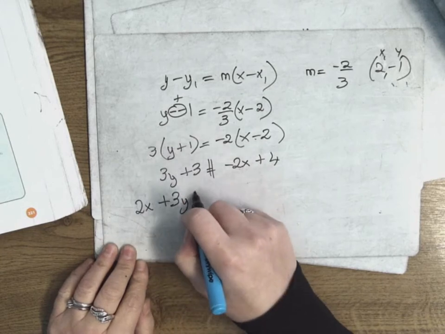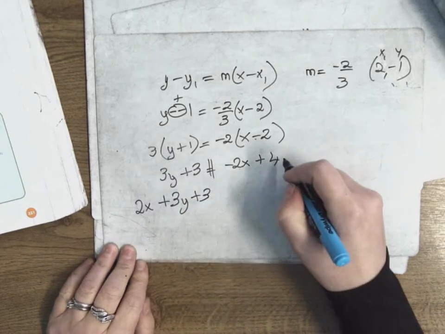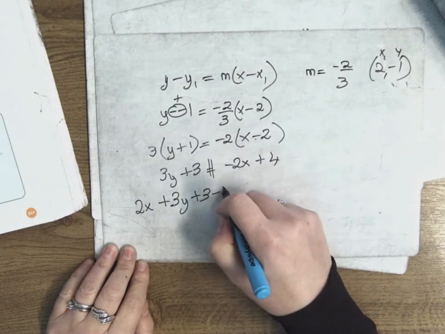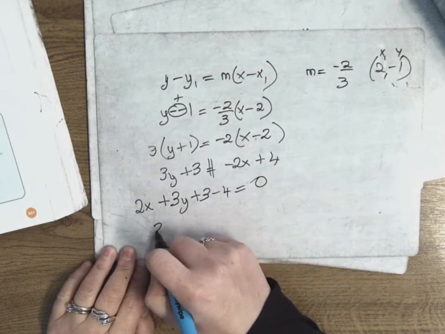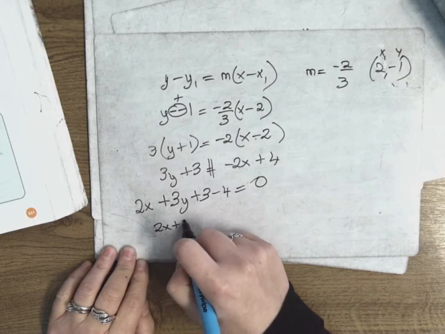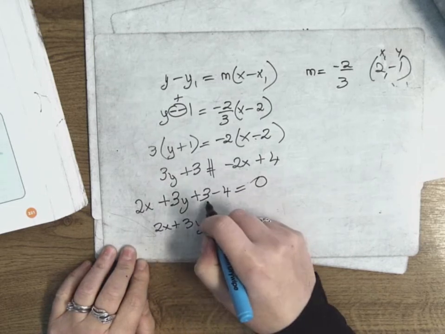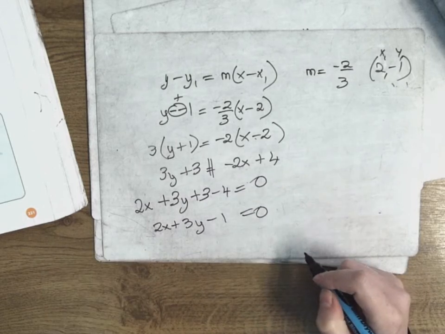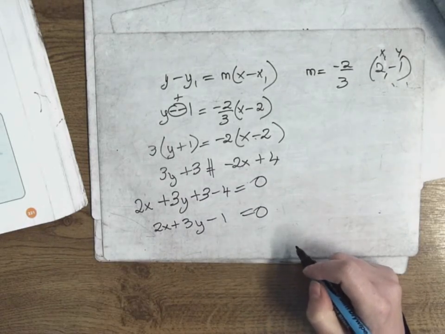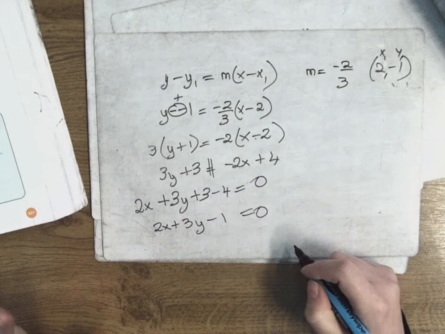Then I have a +3 on this side already. The +4 comes over the wall and becomes a -4, equals, there isn't a thing left over there. And then you go 2x plus 3y minus 1 equals 0. Is that right? Okay, we okay with that? Right, so that's the equation of a line.